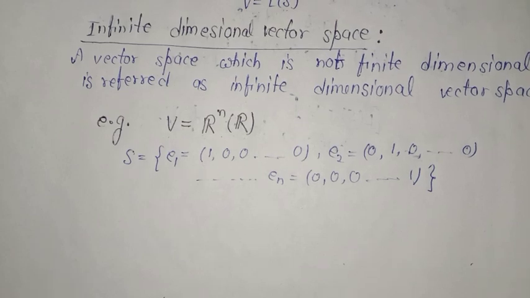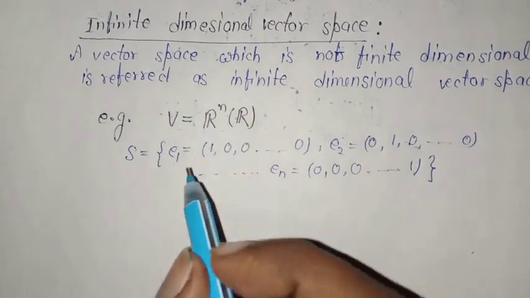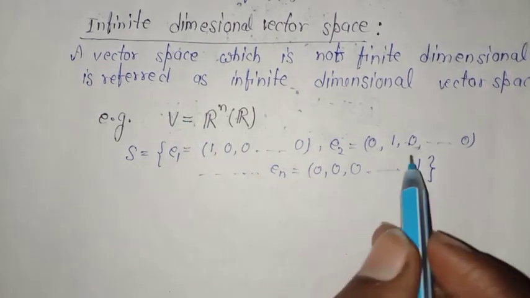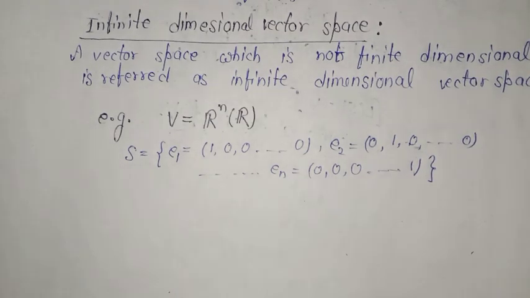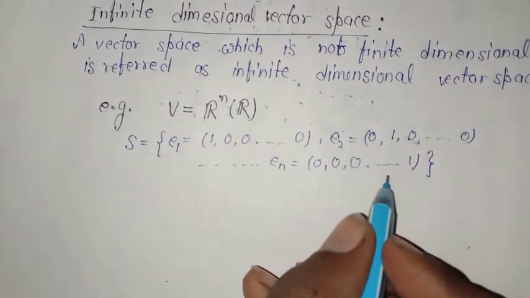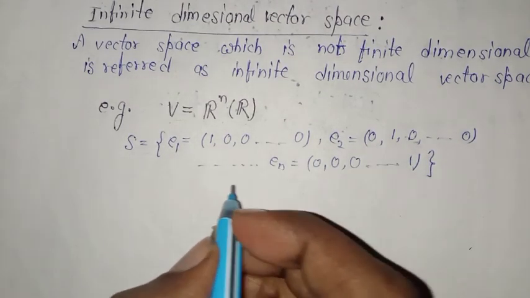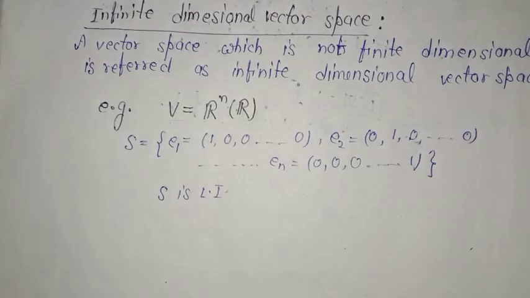If the elements of this set S span the whole vector space V, then the number of elements in the set is said to be the dimension of the given vector space. But before that, we need to check. As you can see, this is the standard basis, so S must be linearly independent.